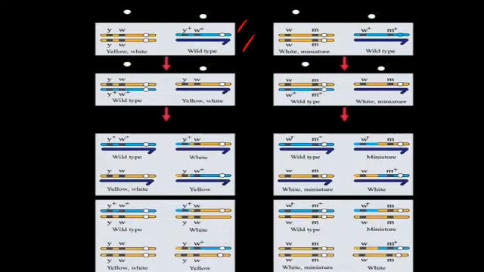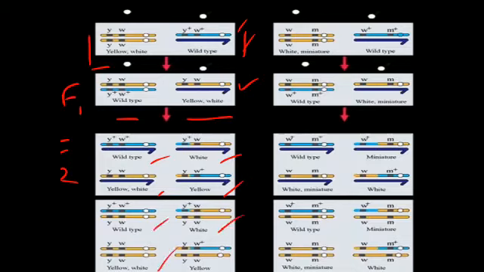So in this first cross, observe this yellow-white female is crossed with a wild type male and the F1 generation is obtained as wild type female and yellow-white male. So, in the first generation, we see some variation. When Morgan further raised the F2 generation, he got 4 types of males: wild type, white, yellow-white and yellow, and 4 types of females in the F2 generation: wild type, white, yellow-white and yellow.